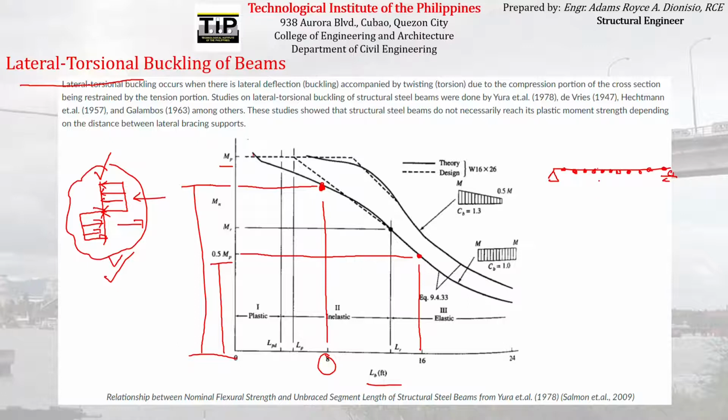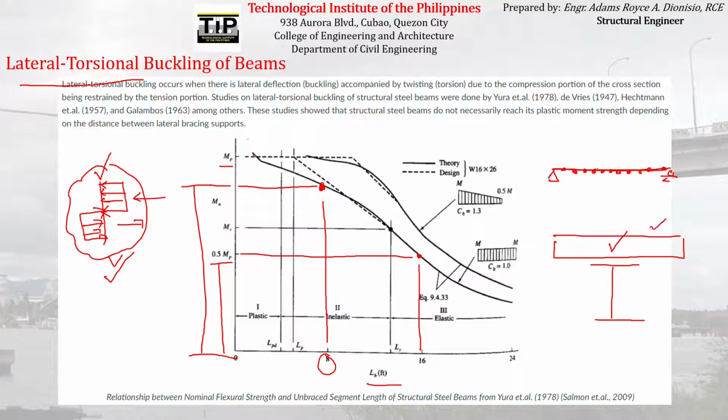Sometimes, instead of putting individual lateral bracing, lateral bracing is provided by the slab that is poured monolithically or compositely with the steel beam. If you have seen a slab imposed on top of a steel beam, usually the lateral support is already provided by the slab. The good news is that lateral bracing is provided all throughout the length of the beam.